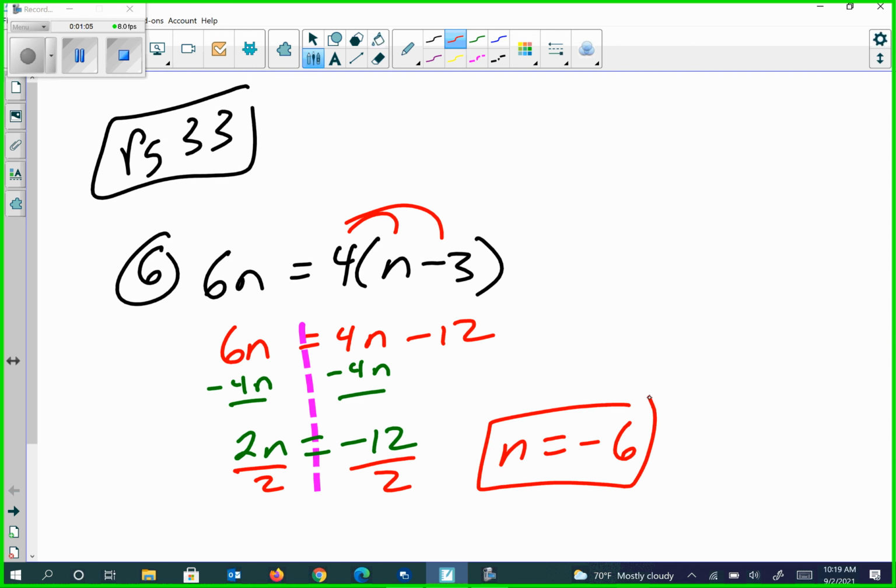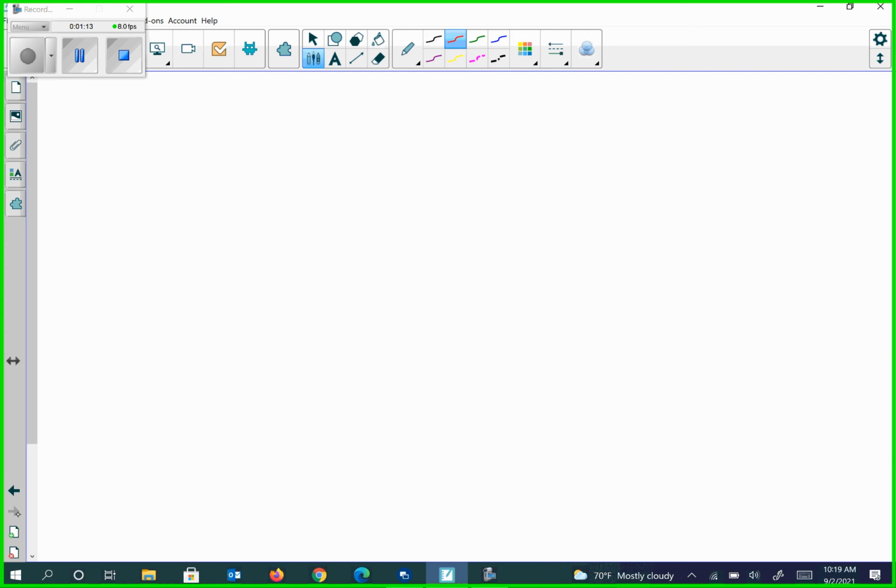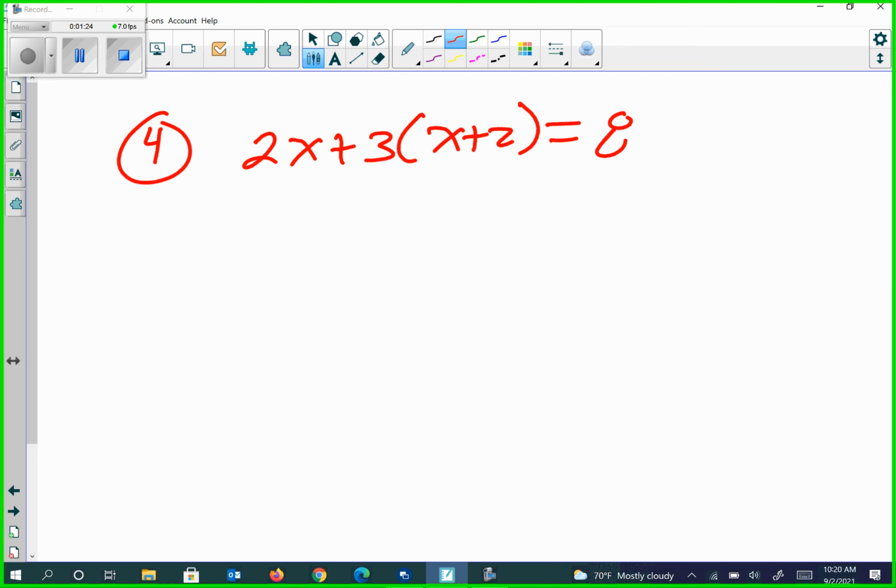What else on 1 through 6 on that page you'd like to take a look at? Yeah. 4, you got it. So I got 2x plus 3, x plus 2 equals 8. Okay? So first thing I want to do is I recognize that's just a positive 3, so I want to distribute that over the top.